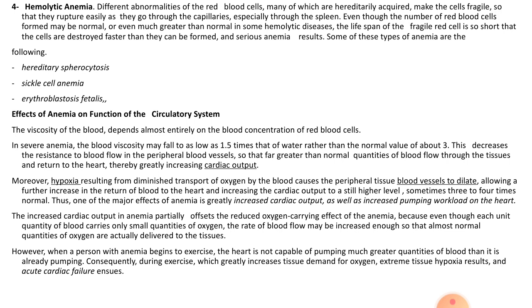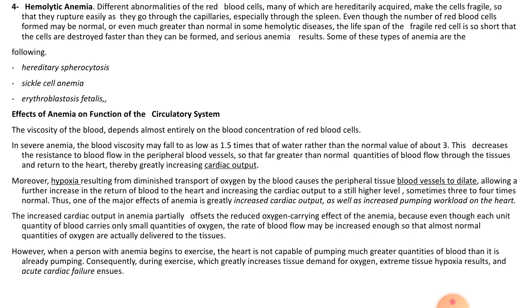So we have an increase in the cardiac output of a patient with anemia to compensate for the decrease in oxygen amount. But when there is exercise, we need to increase the amount of oxygen to the tissue. So the cardiac output must be increased.